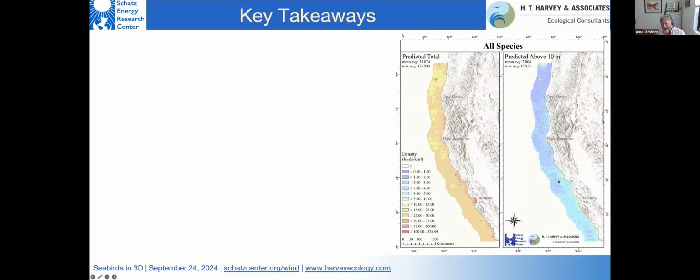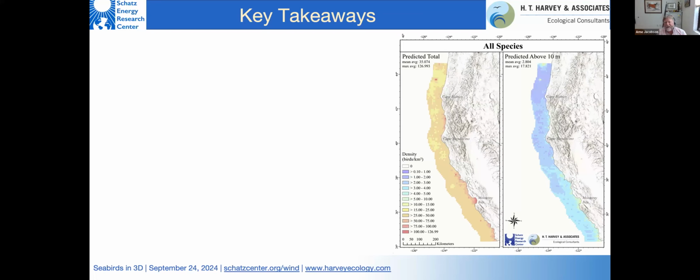The graphic on the right is essentially the same, except that it only shows seabirds that were flying, or the densities for seabirds above 10 meters. And the difference between them is that the densities above 10 meters were far lower than the densities when all of the seabirds were considered. And the reduction was more than a factor of 10.